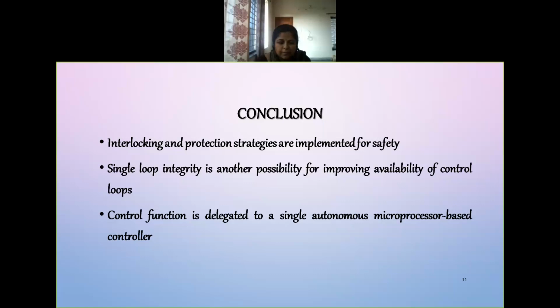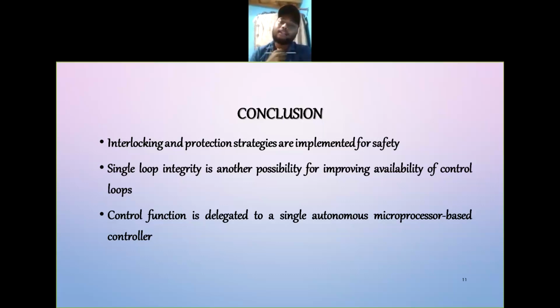By seeing all this, it is stated that paper manufacturing is eco-friendly and no harm for the environment, and it is also taken for safety purposes with interlocking and strategies. For improving the control loops, single loop integrity can be implemented. Among Asian countries, Indonesia is the largest paper producing country.